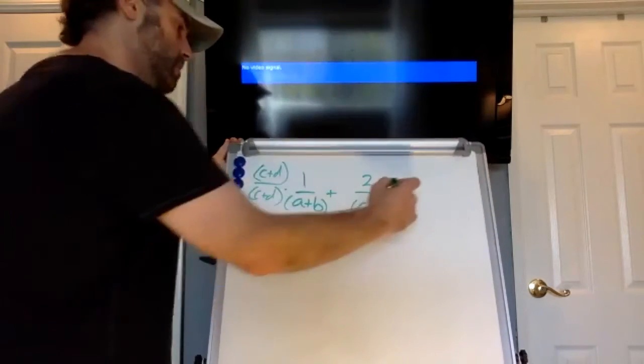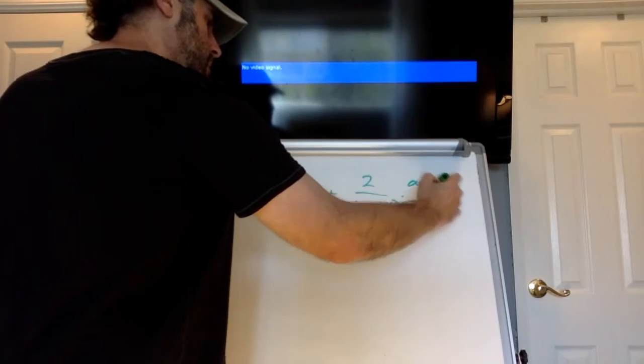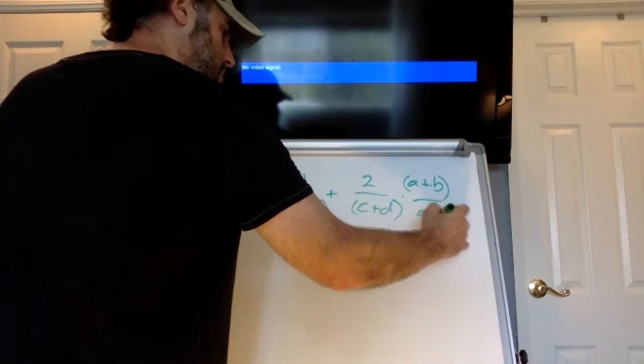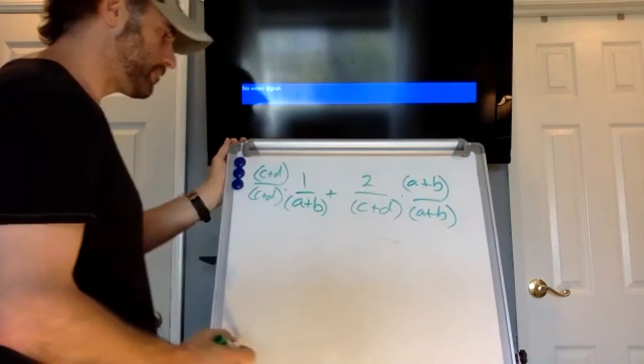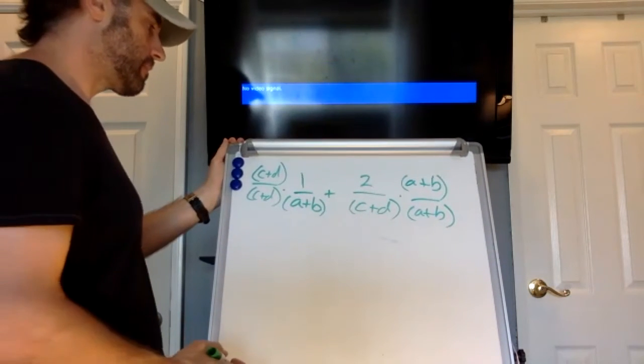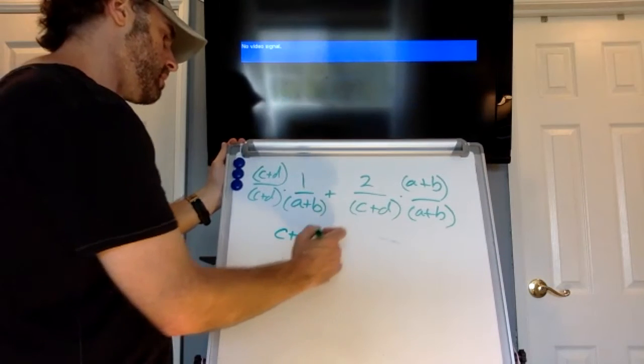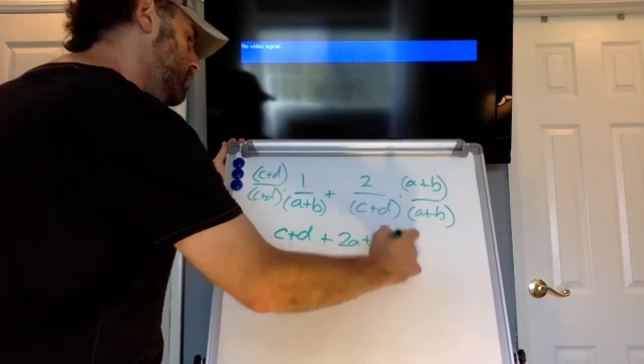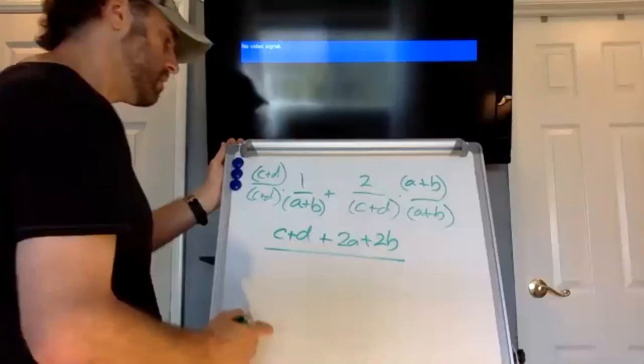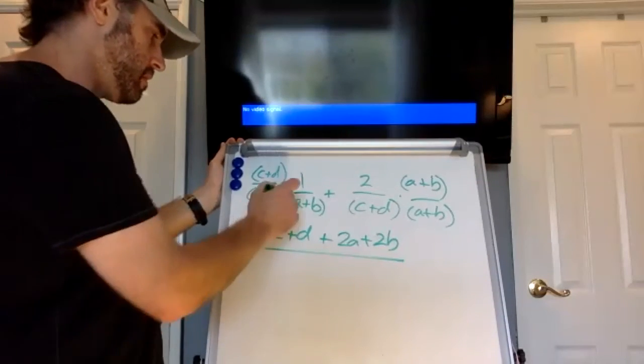So when you multiply by 1, on the numerator you get c plus d plus 2a plus 2b. And on the bottom, I'm a bit confused.